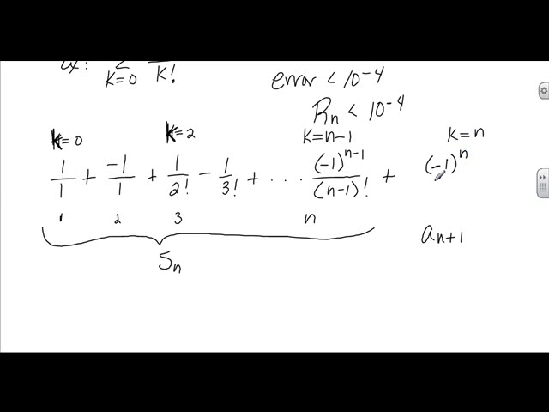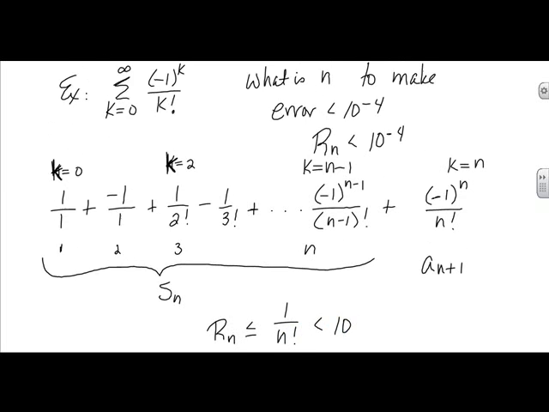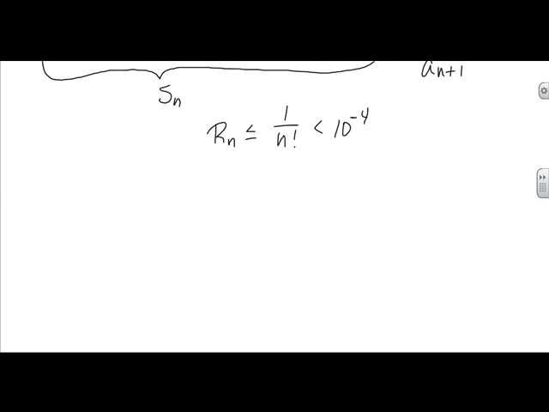Okay, so R sub n is less than or equal to, never mind the negative, 1 over n factorial. And that's got to be less than 10, what did I say, to the minus fourth power. So to figure out the value of n we need, we're going to solve the inequality 1 over n factorial less than 1 over 10 to the fourth power. Cross multiply, you'll have n factorial is greater than 10 to the fourth.